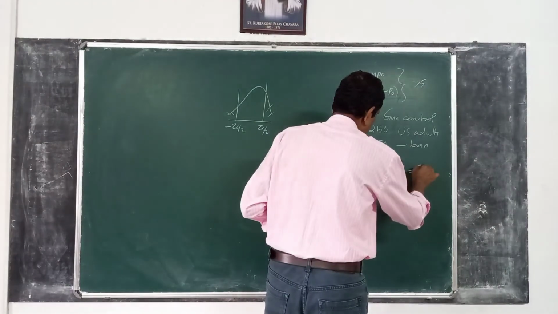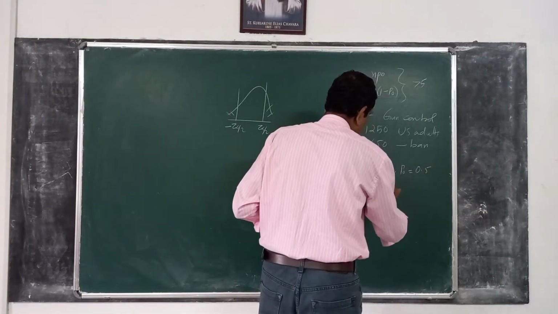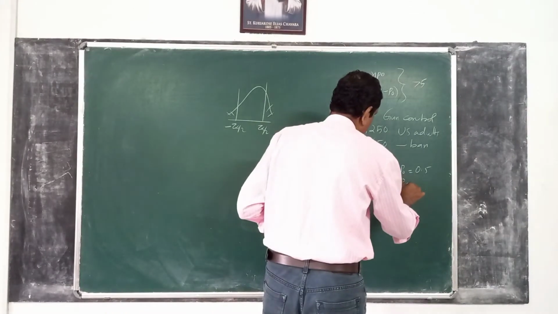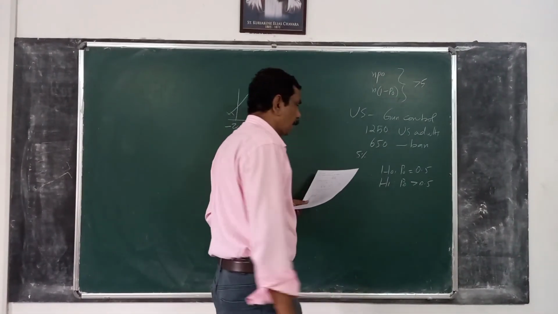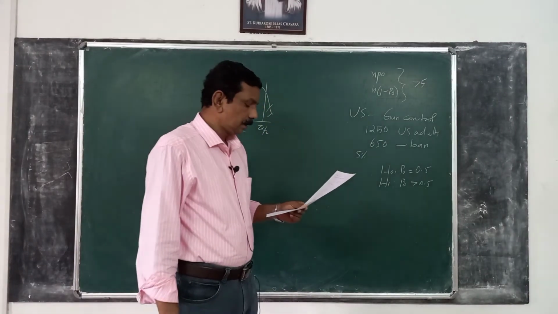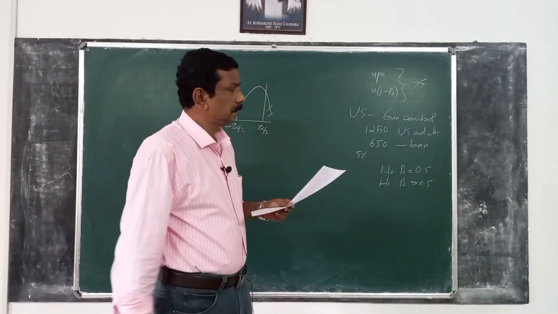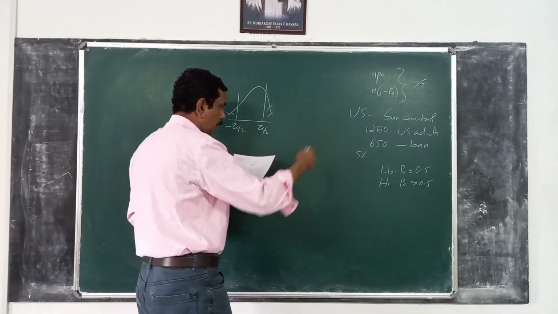Now our H0: p is equal to 0.5, tested against H1: p is greater than 0.5. We have to test whether the majority favors a gun ban.